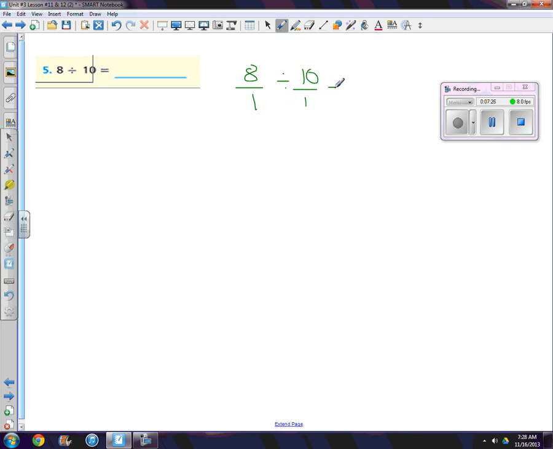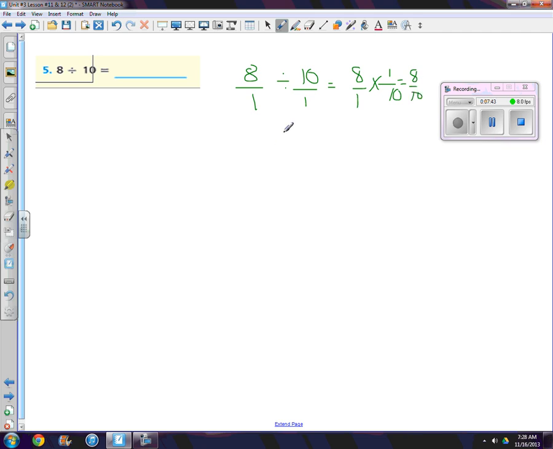And then 8 over 1 multiplied by the reciprocal of 10 over 1, which would be 1/10. And your final answer would be 8 over 10.